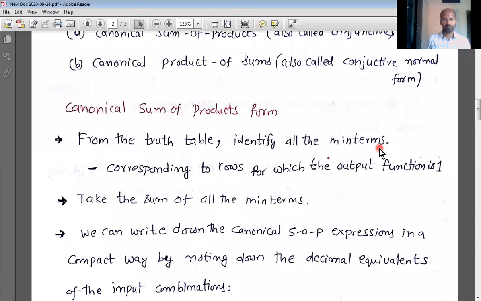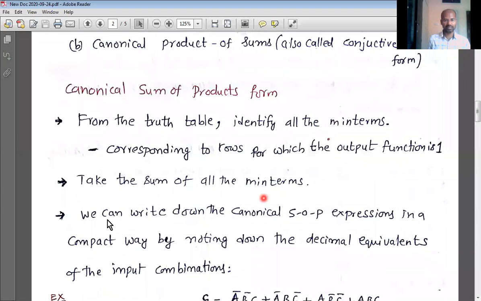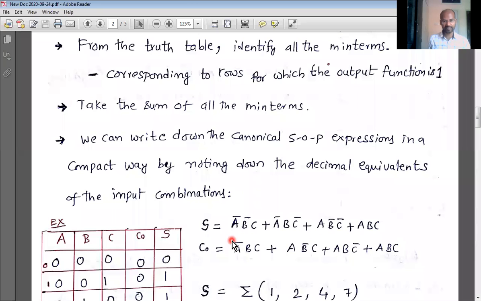So we know what a minterm is: a term corresponding to an input combination that produces 1, that is, the rows for which the output function is 1. Take the sum of all such minterms. We can write down the canonical sum of products expression in a compact way. This we will see a little later.